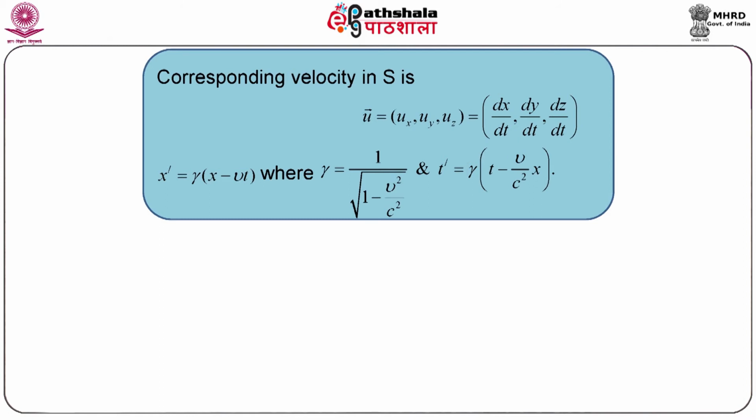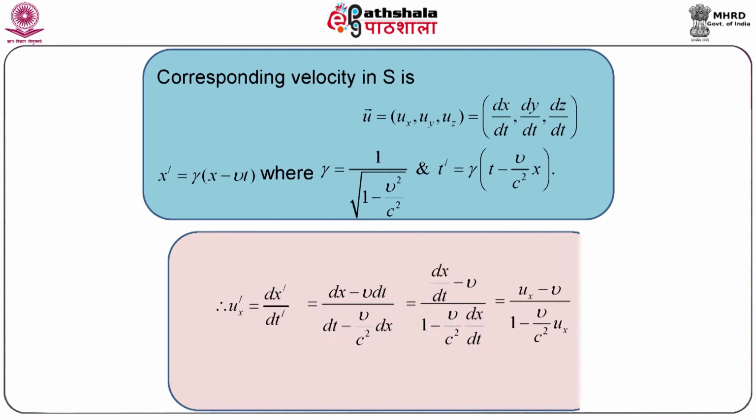To define velocity, we need the space coordinate as well as the time coordinate. Let us obtain the component of velocity in frame S' along the x' axis, which is u'_x. u'_x is equal to d/dt' of x'.